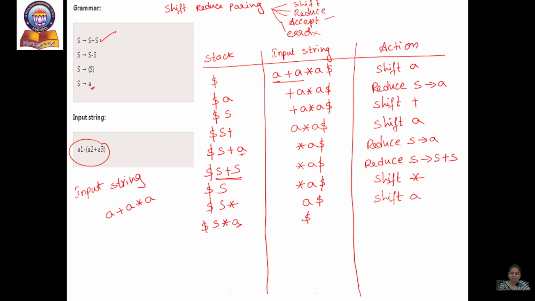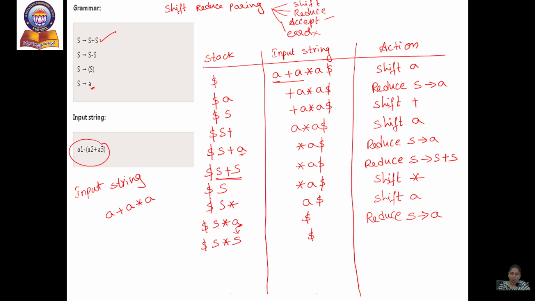The substring A can be replaced by its production, so I'm choosing the handle as A and performing the reduction action, S derives A. So dollar S into will be like this, A will be reduced with its production, that is S, and here only the dollar is available in the input string.